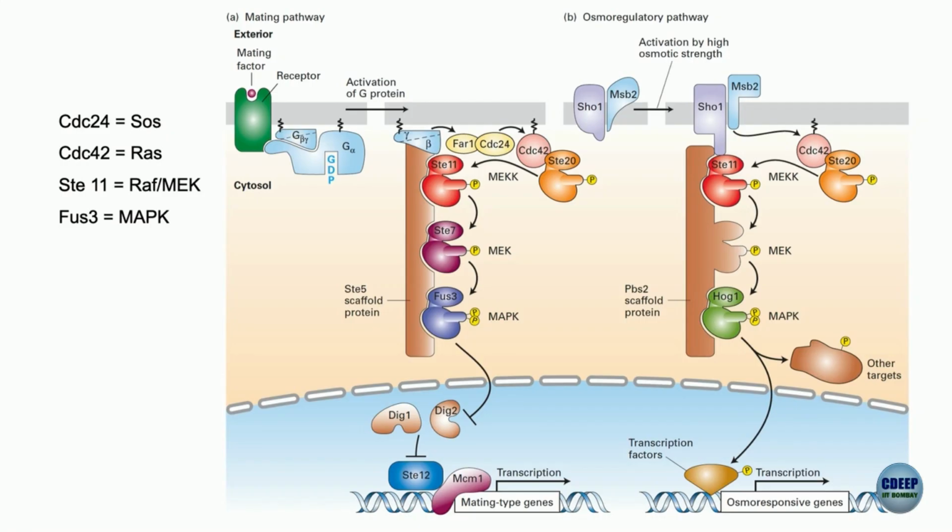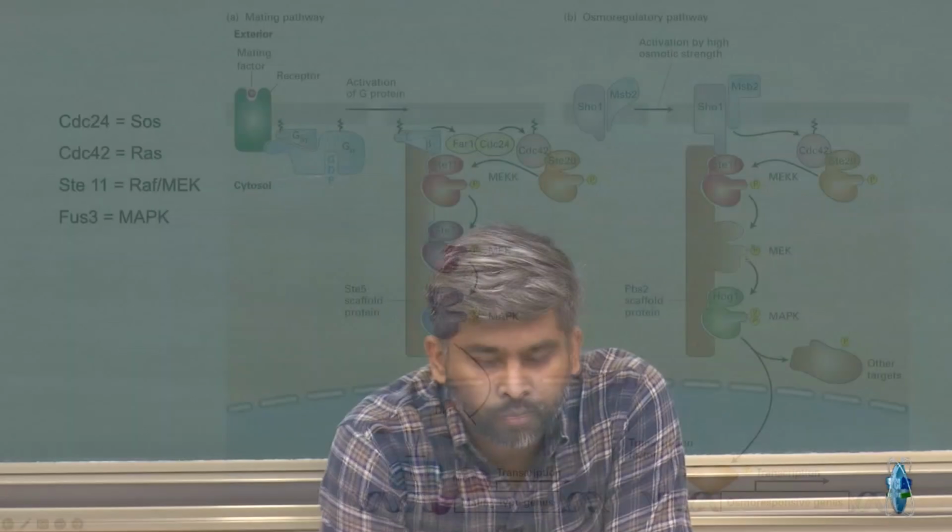So, there are certain receptors that sense this, but they will again recruit a particular scaffold protein. They are not going to recruit the STE5 scaffold protein, because STE5 was very specific to the mating factor dependent GPCR activation. They recruit another protein called PBS2, which is another scaffold protein.